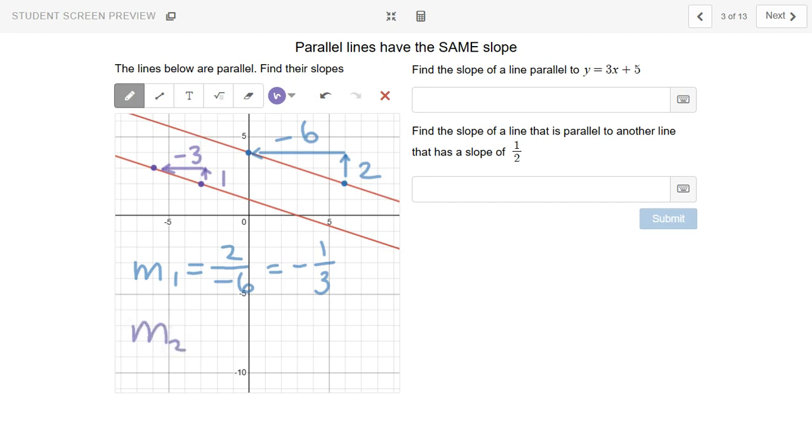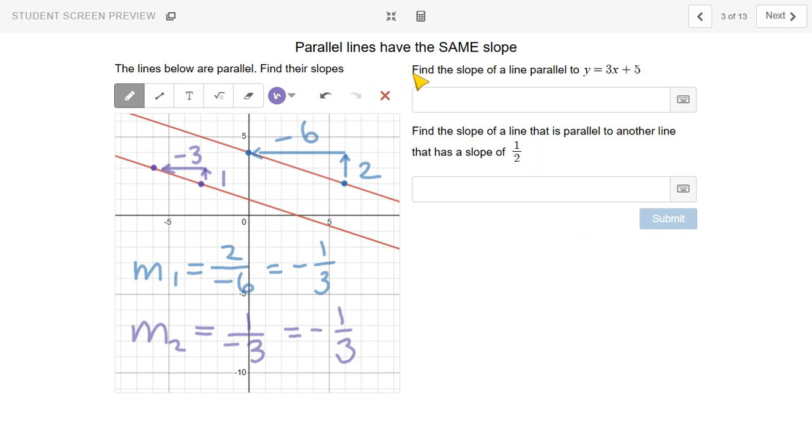So the slope of my second line is 1 over -3, same as -1 over 3. So our two slopes here are exactly the same because the lines are going in the same direction.